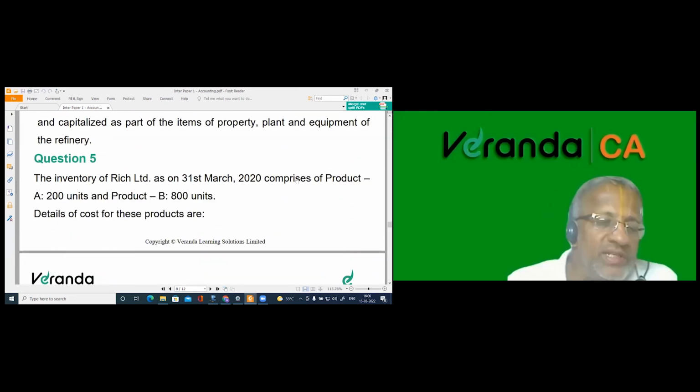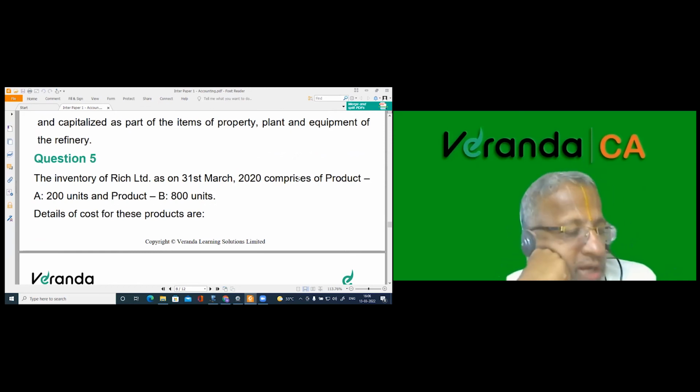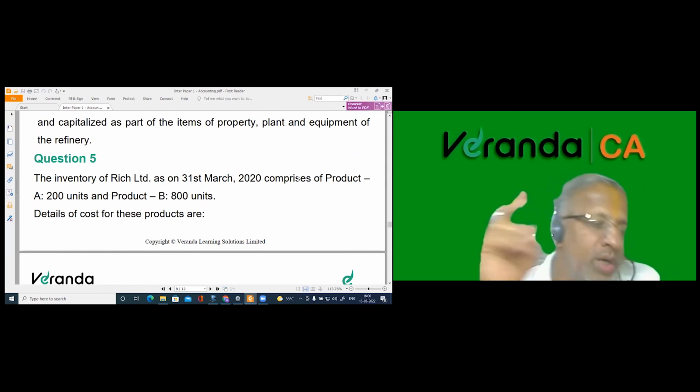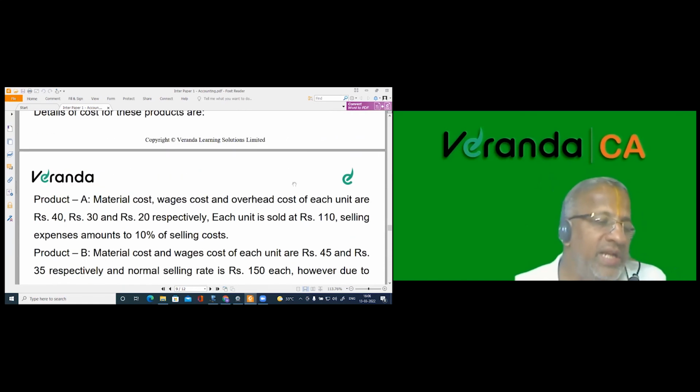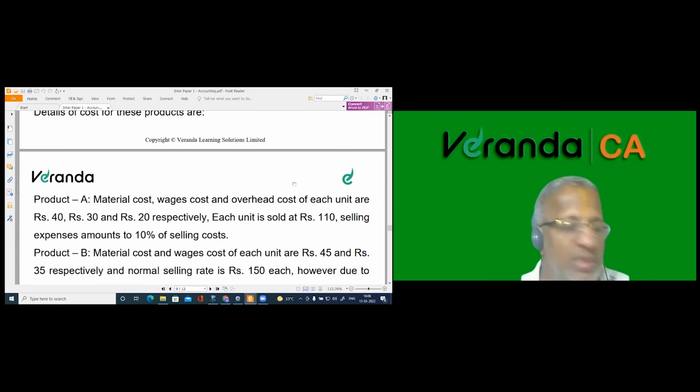Now let us have a quick look. They have two products, product A and B, with quantities 200 and 800. For product A, material cost, wages, and overheads are 40, 30, and 20, summing up to 90. Each unit is sold for 110, selling expenses being 10.